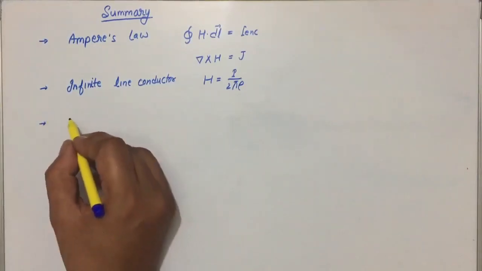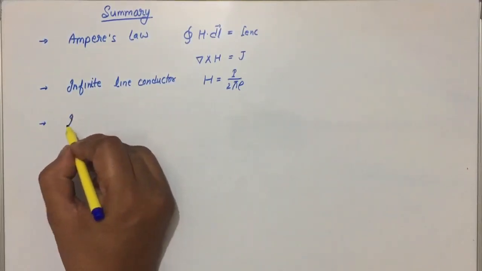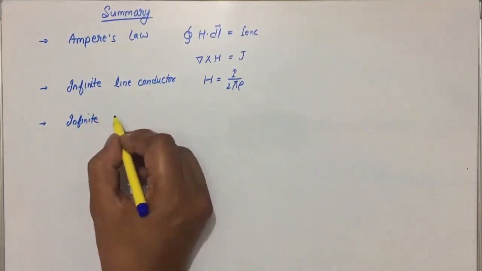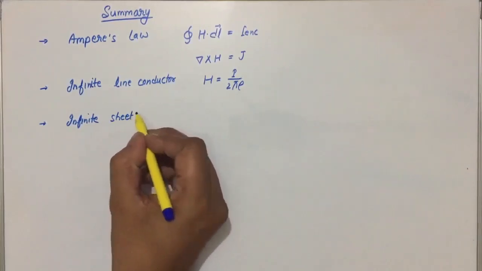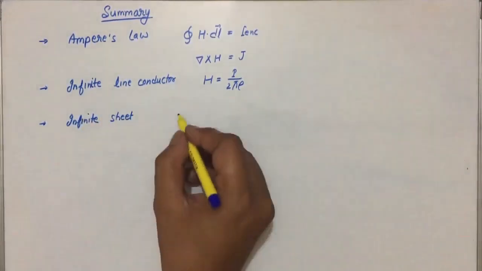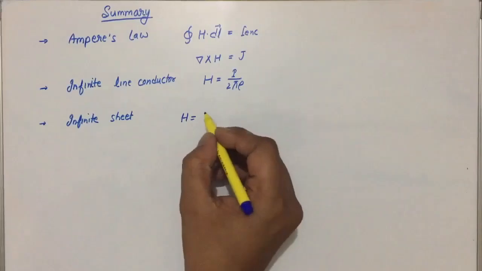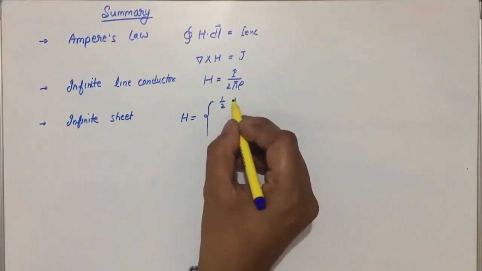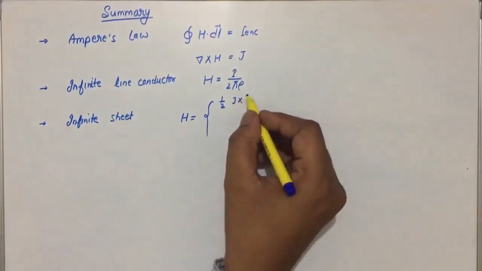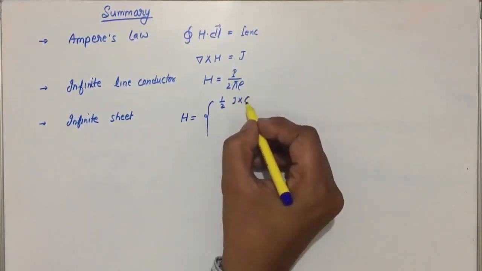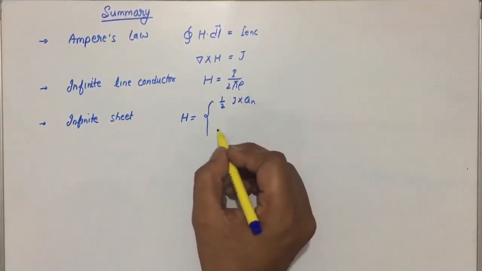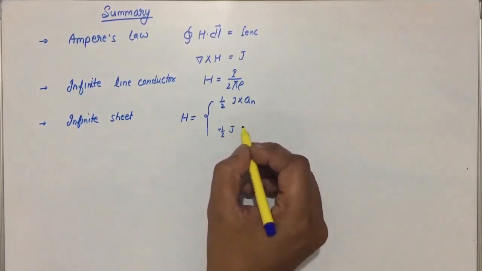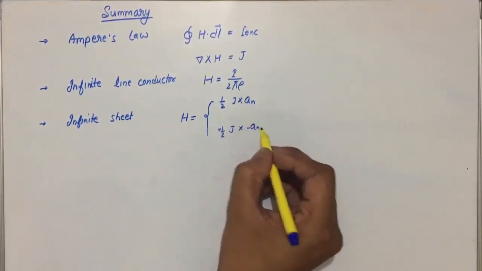Third thing we discussed, infinite sheet having current. In that case the magnetic field intensity was half the current density cross AN, and minus half, keep it plus, for minus AN.